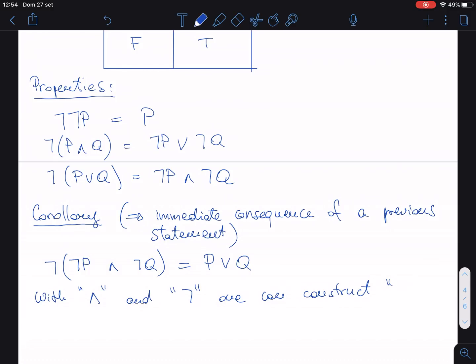This means that from the point of view of language, this connective is not essential. Okay, this language with logical connectives is too much. We have too much. However, it is very comfortable to use not and or, so we will keep on using them and adding some more logical connectives.